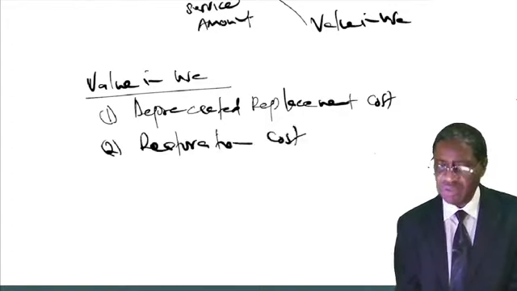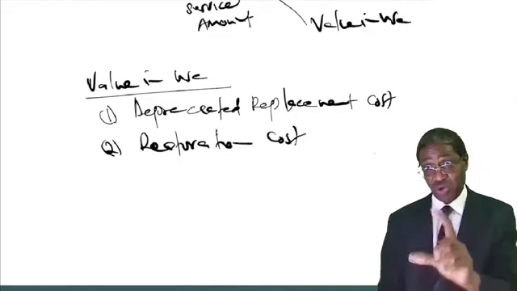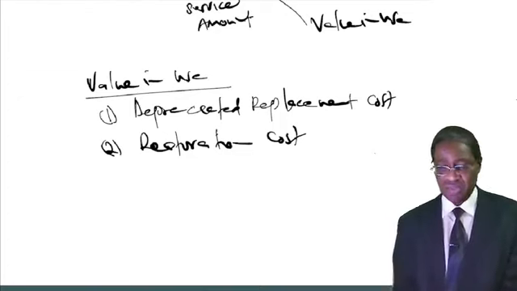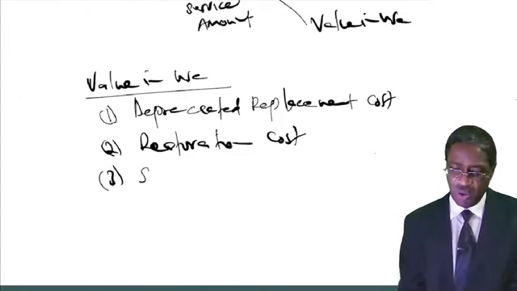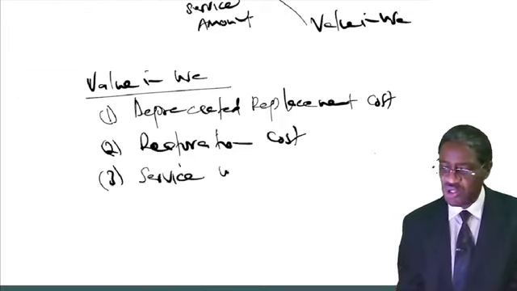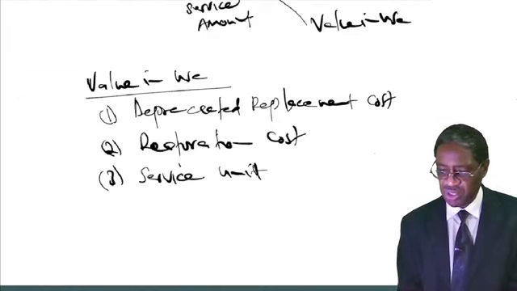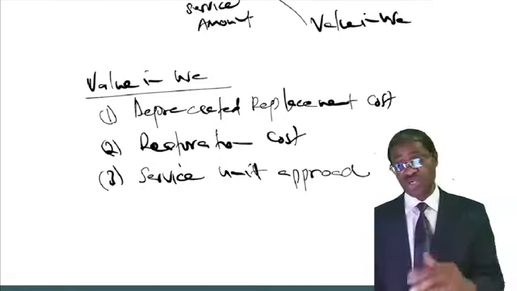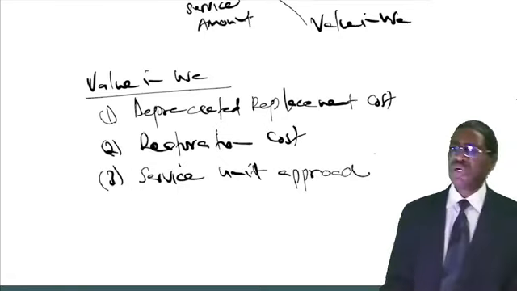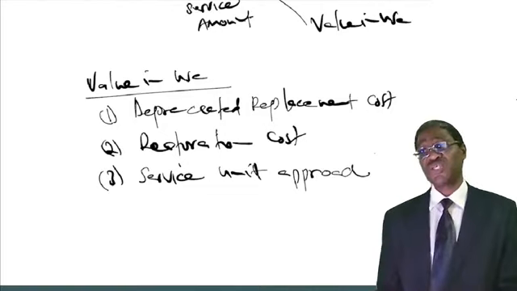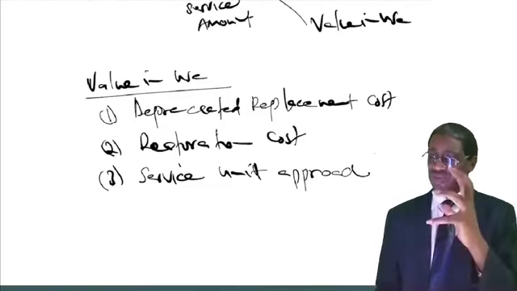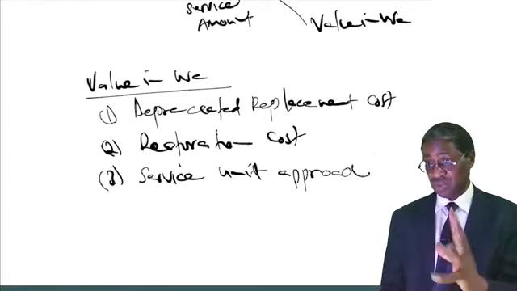Three is what we call the service unit approach. These are the three methods of computing the value in use. The question will always tell you which method you should use.